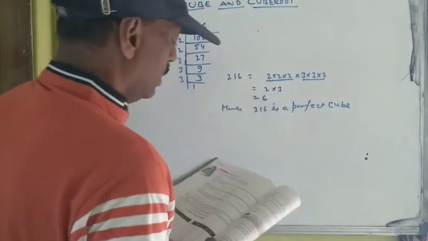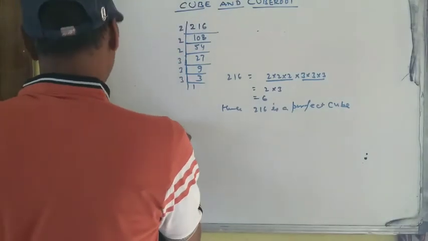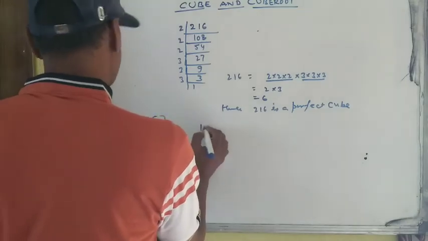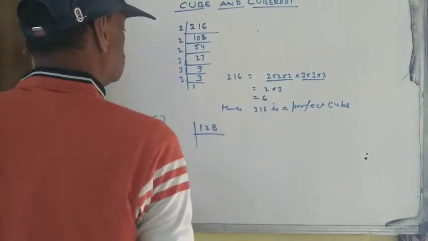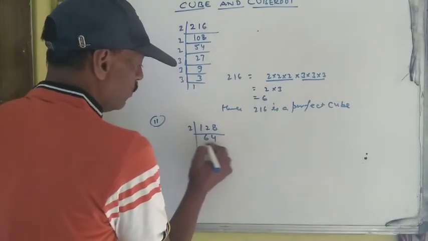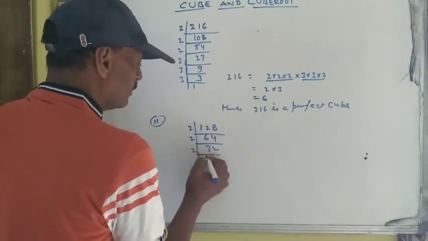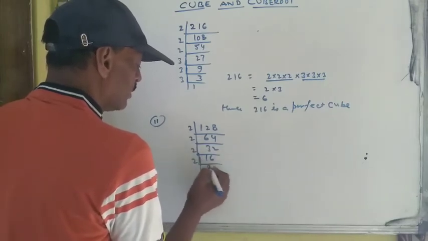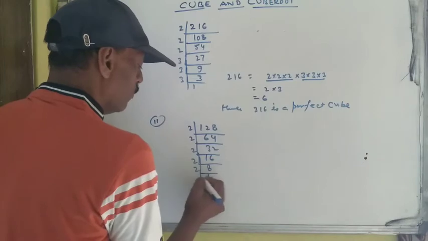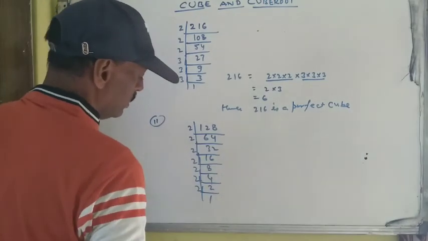Question number two, 128. Get the factors by 2. This is 64, 32, 16, 8, 4, 2, 2, 1.